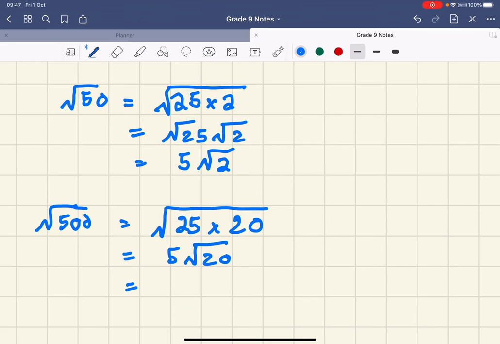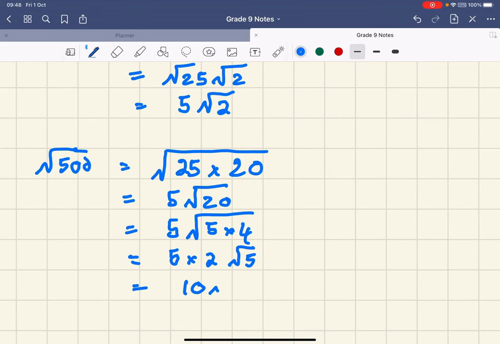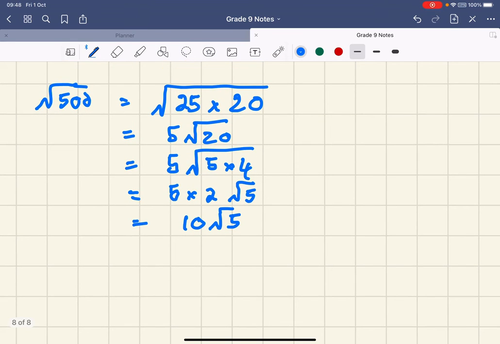But the root 20 could also be simplified. I could write that as 5 times 4. Now I don't know the square root of 5, but I do know the square root of 4, which is 2. So that 4 comes out to give me 2 and leaves me with root 5. And that gives me 10 root 5.